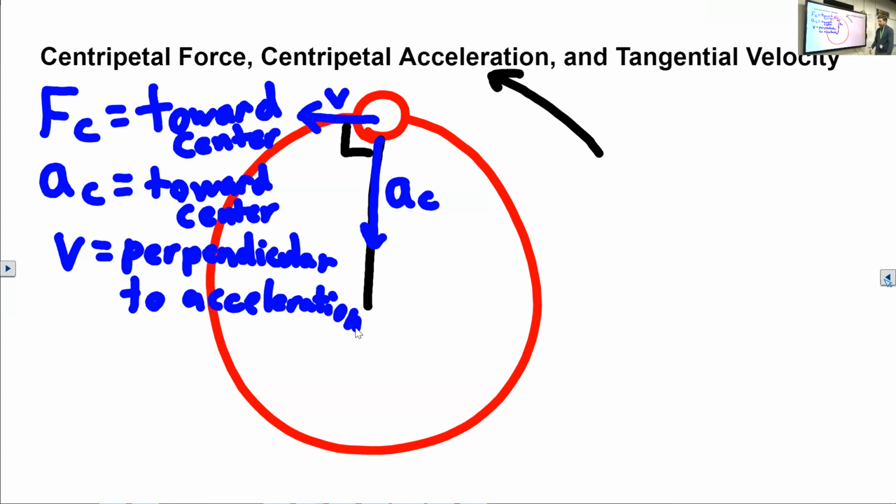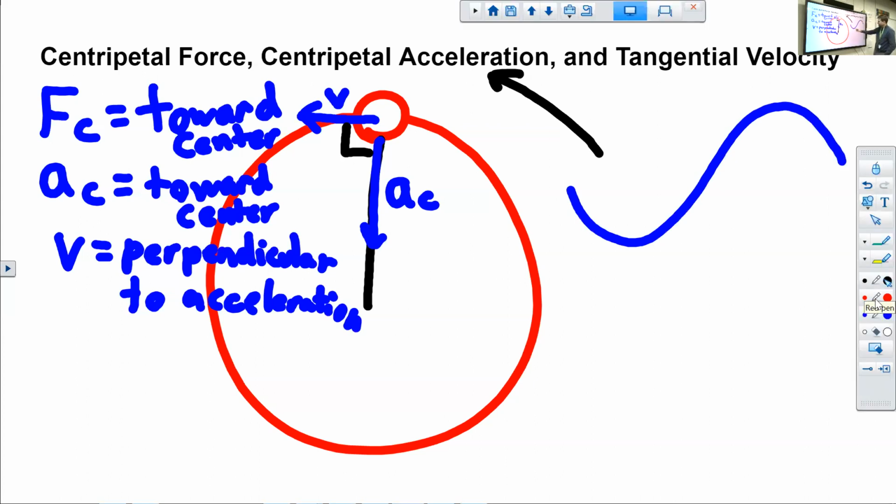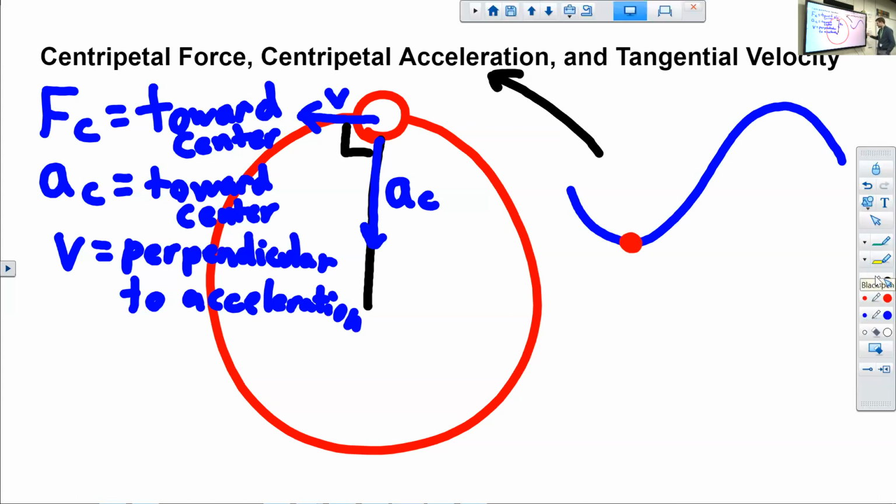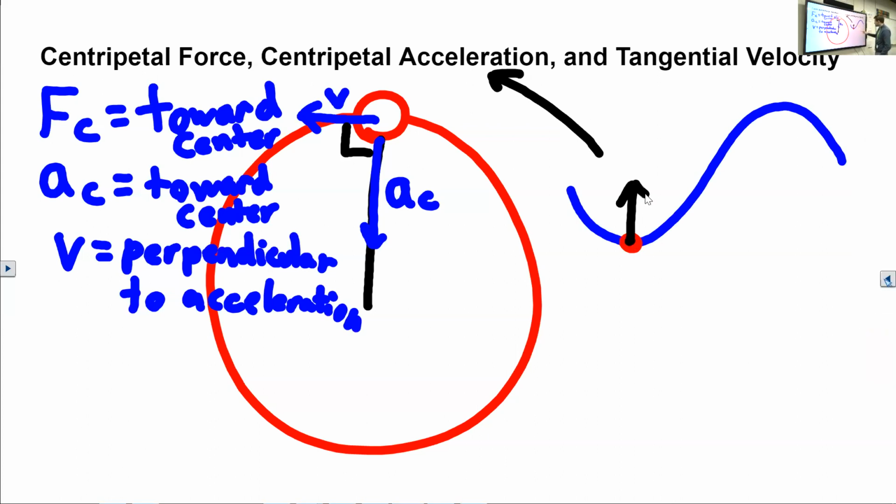Now, this basic diagram here, something I probably made you draw way too many times, is important because not only is it going to apply to circles, it's going to apply to any kind of curved motion. So if they say an object is doing this, and they ask you, what's the centripetal acceleration when it's at this point? Which way is the centripetal acceleration going to be moving? Yeah, in this case, it would be up.